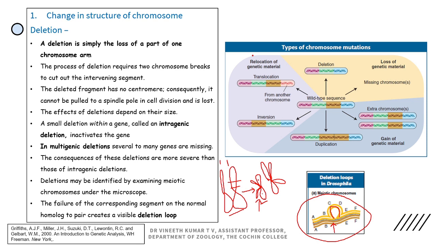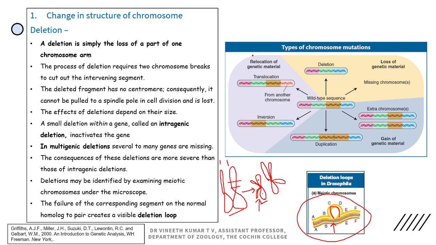When there is duplication also, such a loop can be seen. So, if you are observing meiotic chromosomes and you observe a loop, definitely you can say that there is a change in the chromosome structure in one of the homologous pair. So it can be either deletion or duplication.